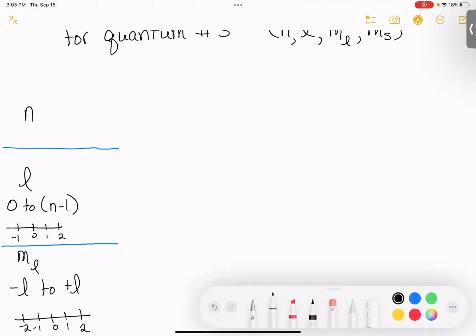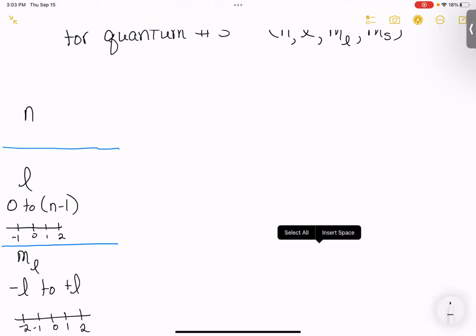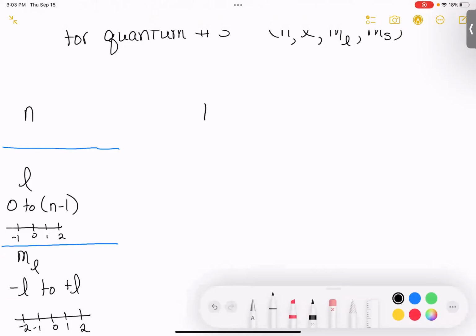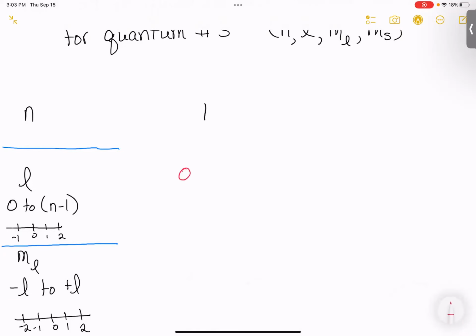Okay, so N, I said, had to be a whole number beginning with 1. So let's work with the 1. That means that our L value can be 0 to 1 minus 1, which is equal to 0.